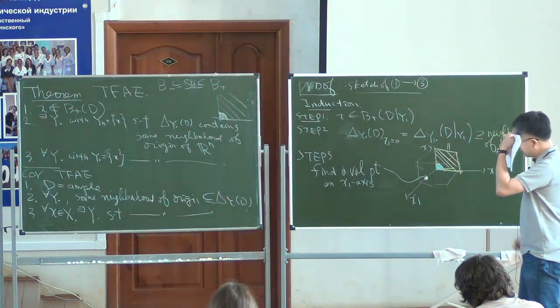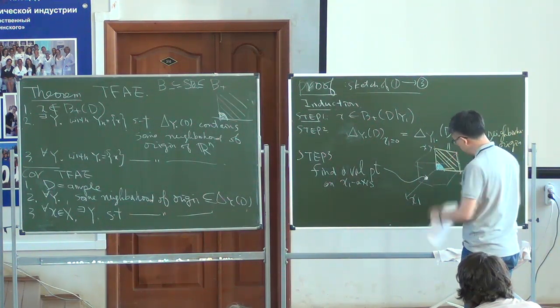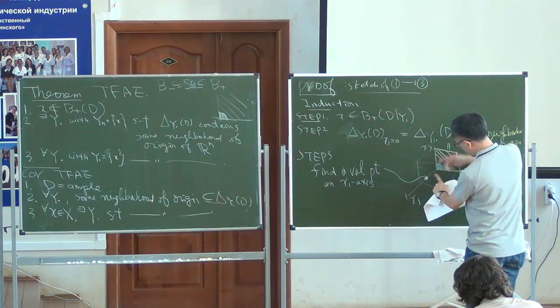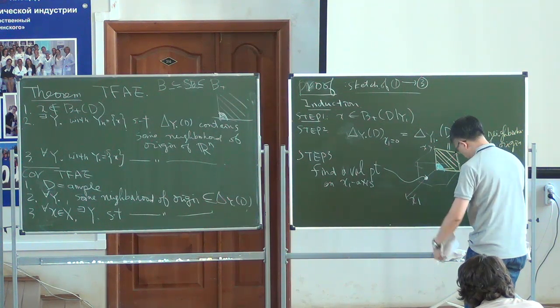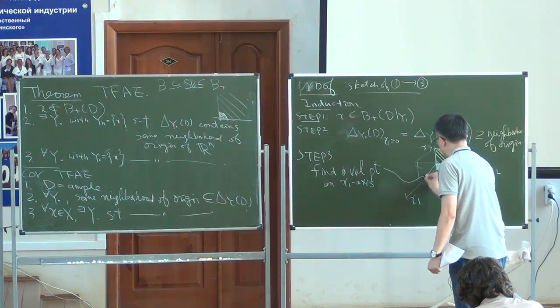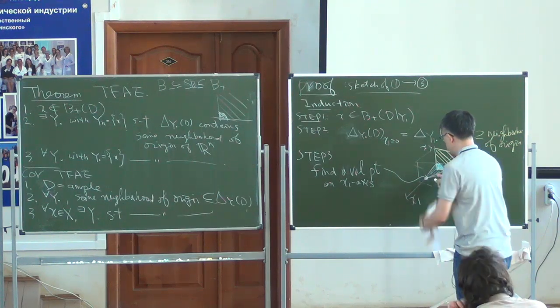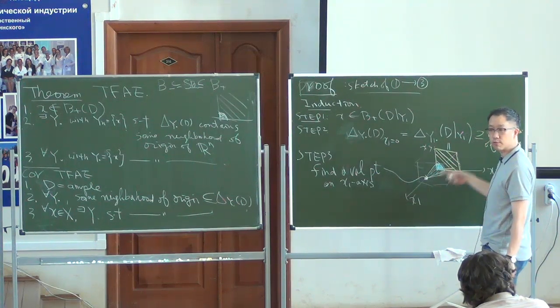So we know that the Okounkov body is convex. So the Okounkov body should contain this neighborhood, and it also should contain this point. So that means if you consider the convex hull of this, this neighborhood must be contained in the original Okounkov body.